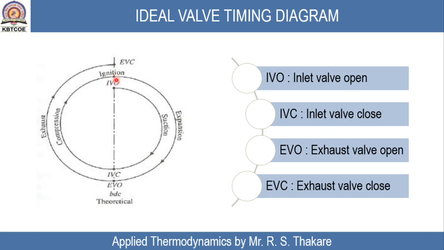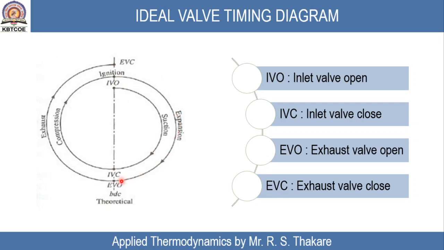Spark is provided, and whenever ignition takes place there will be heat addition to the engine, and due to that high heat addition a high amount of pressure and temperature is created inside the cylinder. After compression you will see the expansion stroke. During the expansion stroke, the combustion products exert pressure on the piston, so during this 180 degree rotation both valves are closed.